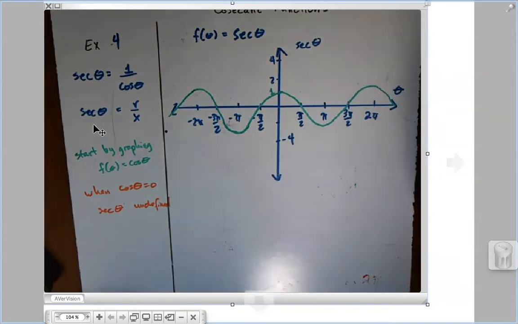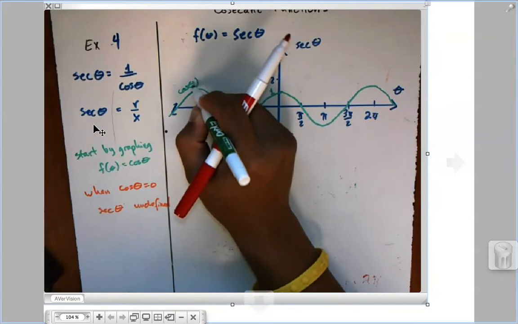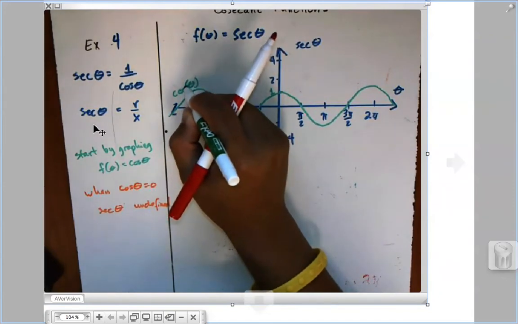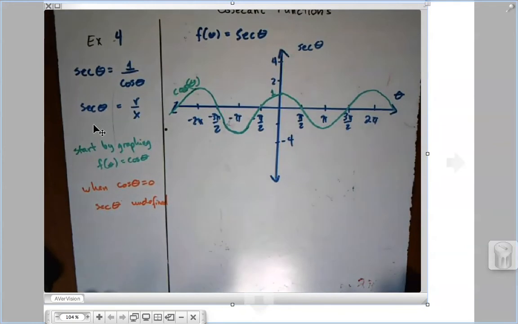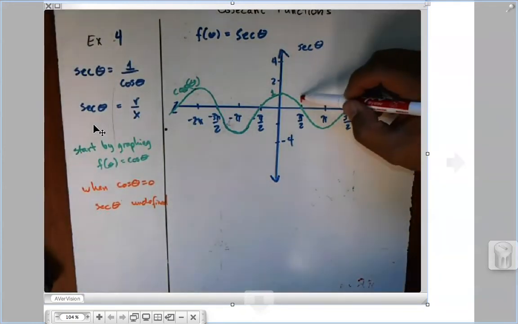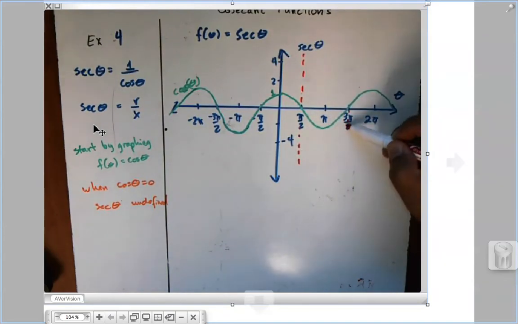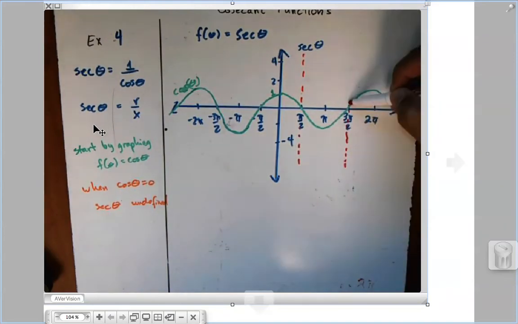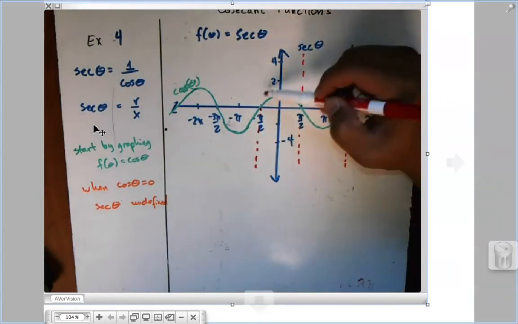Let me label this clearly here. The green here is cosine of theta that I'm graphing. So whenever the cosine of theta is 0, I'm going to guess that there are going to be some vertical asymptotes. It's going to occur there, there, up here, right here.